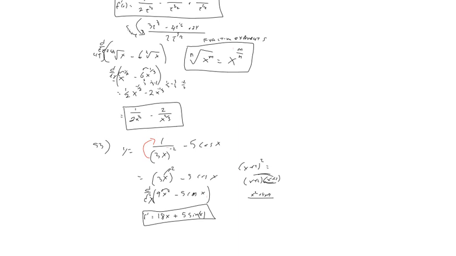Two more rules we're going to do. So I'm going to do a new page here. We're going to do two more rules. So this is going to be 2.3.